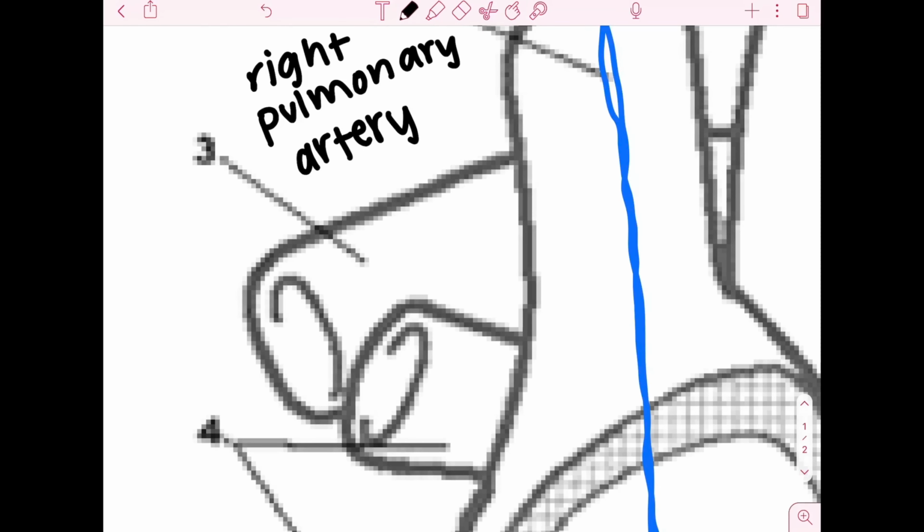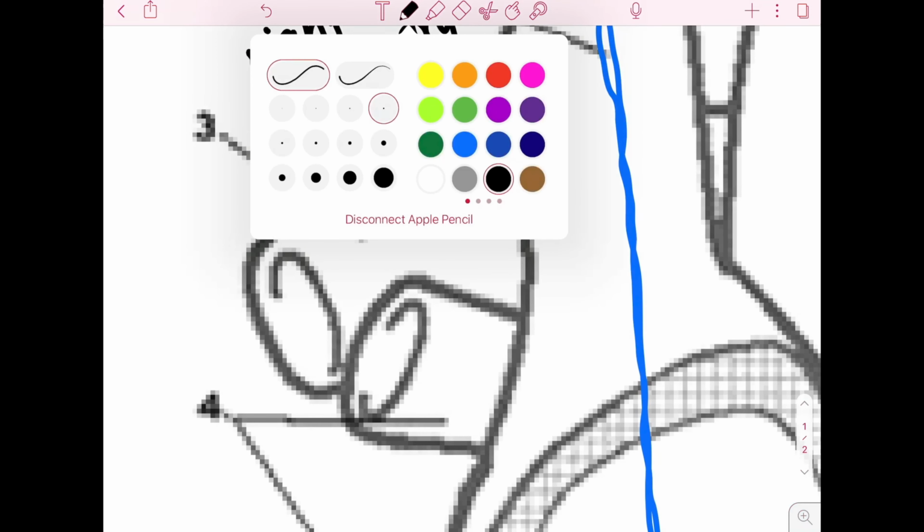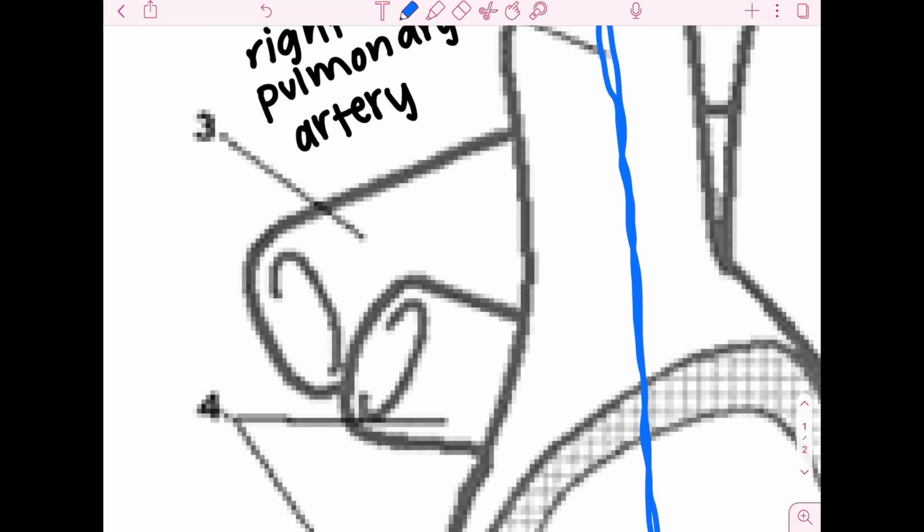So basically, the deoxygenated blood comes from all around your body to the heart, and then from there, the blood goes straight to the lungs in order to pick up some oxygen, so that the replenished blood can be delivered to your body again. Remember how I said this takes the deoxygenated blood from the heart to the lungs?